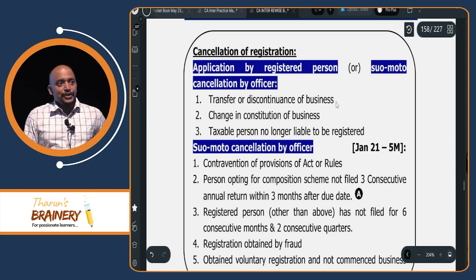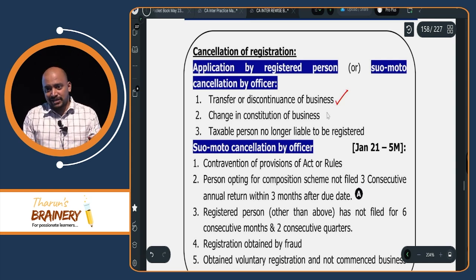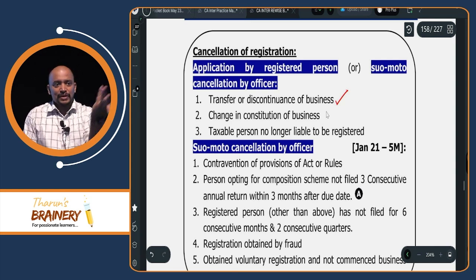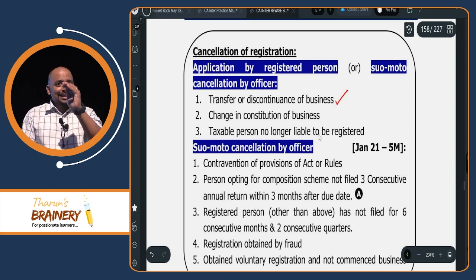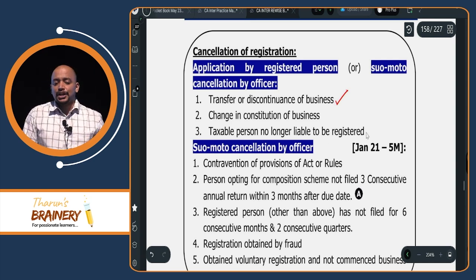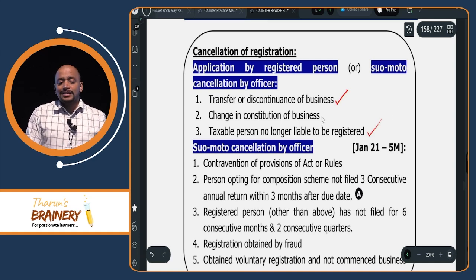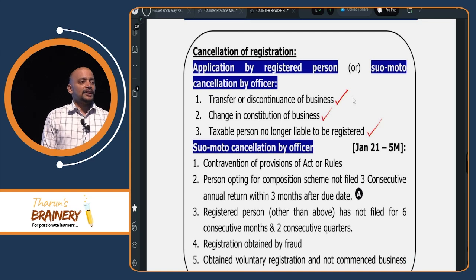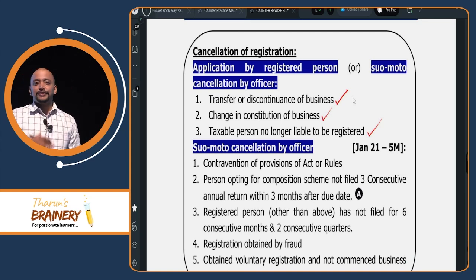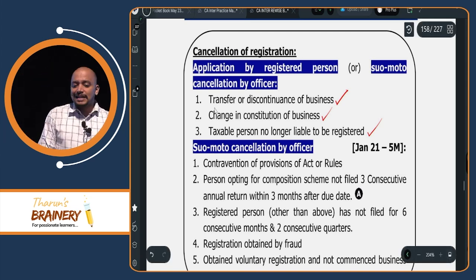Transfer or discontinuance of business. When you transfer the business or discontinue it, you will make application for cancellation, or you are no longer liable to be registered. Means what? Your aggregate turnover falls below the threshold limit, or there is a change in constitution of business, that is change in permanent account number, firm to company or individual to firm, etc. So these are the 3 cases.